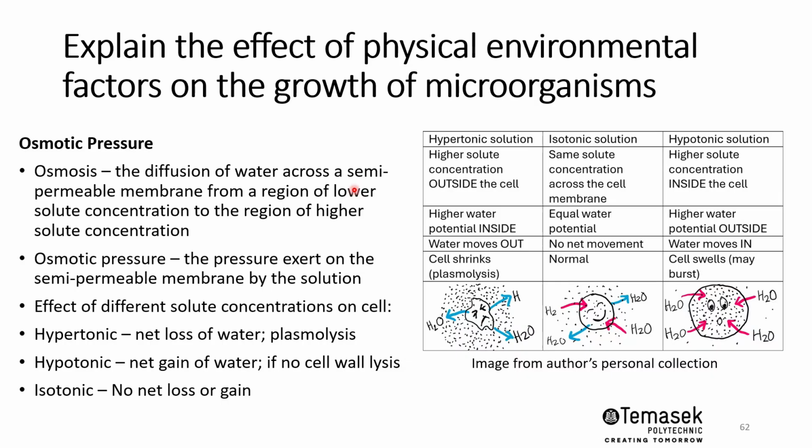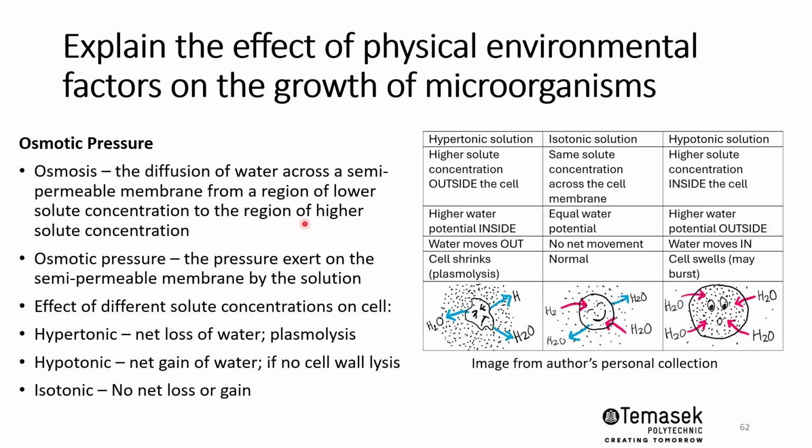When we look at solutes or salts in a water body or even a solution, often we'll think about osmosis. Osmosis is the diffusion of water across a semi-permeable membrane from a region of low solute concentration to a region of higher solute concentration. So water will flow from low solute concentration to high solute concentration.